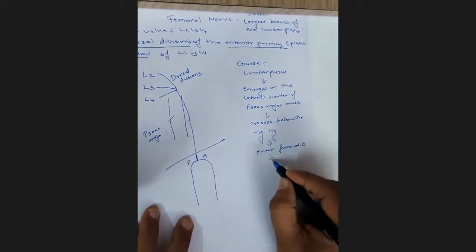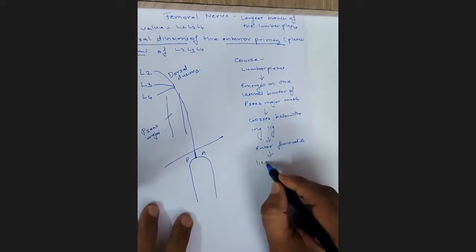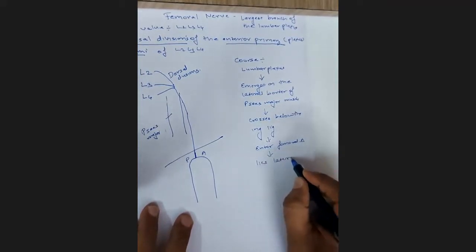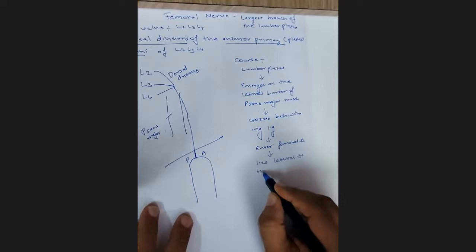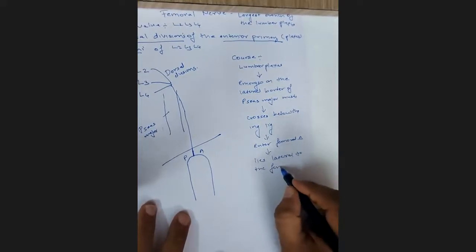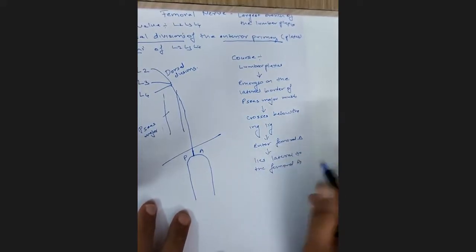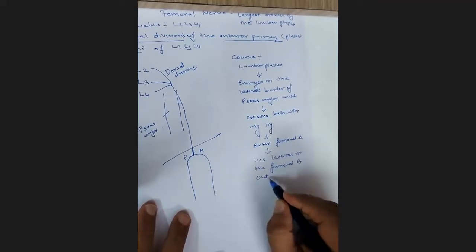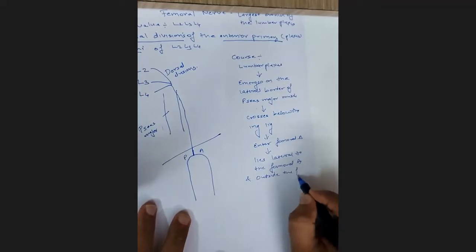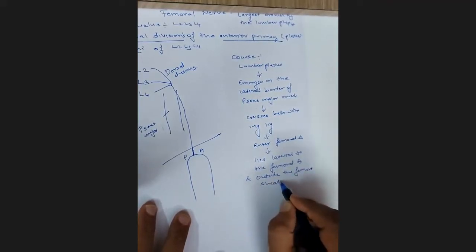In the femoral triangle, it lies lateral to the femoral artery and outside the femoral sheath.